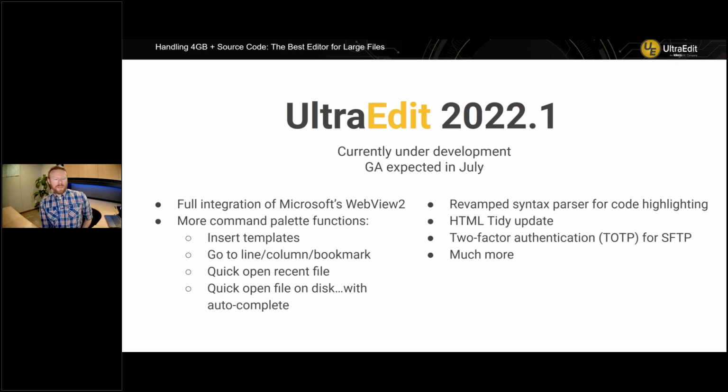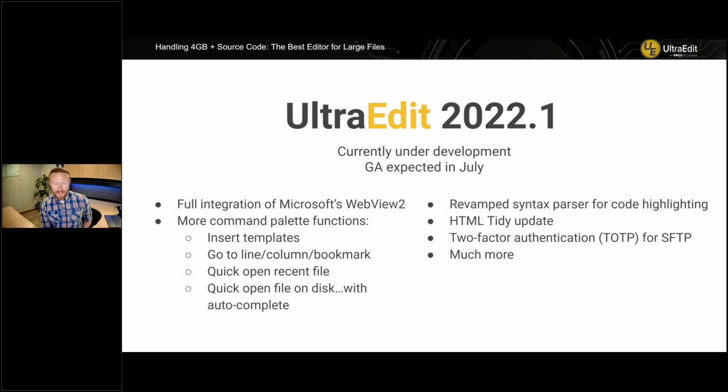Also, in the next release, we're going to expand the command palette to include the ability to insert templates, the ability to quickly jump to a line, a column, or a bookmark. And then these last two, quick open recent file or quick open file on disk with autocomplete.